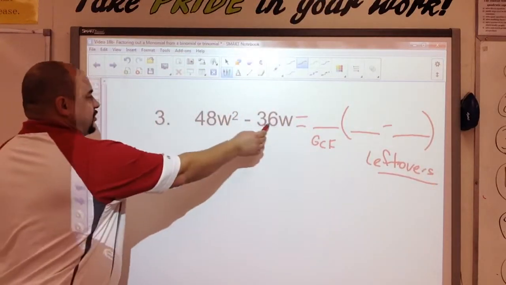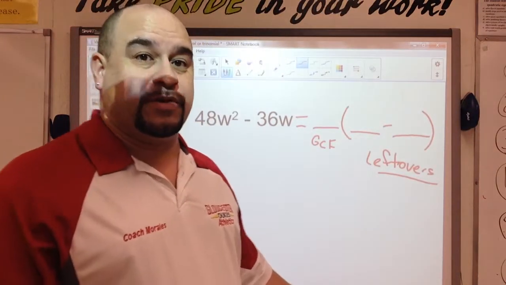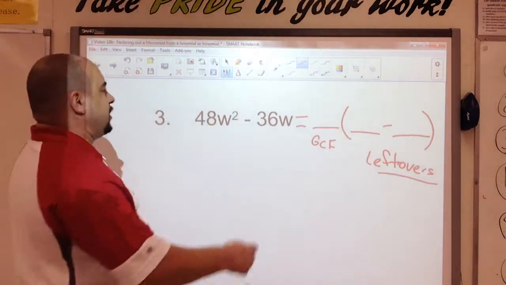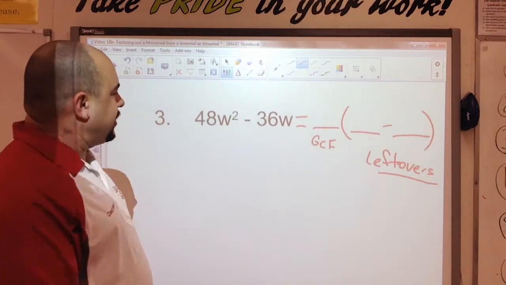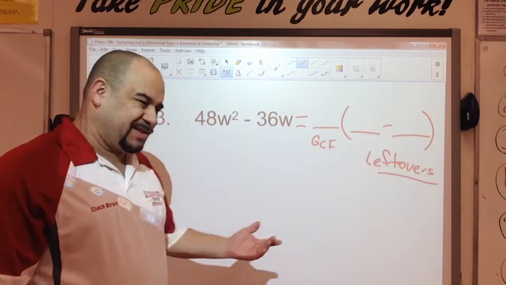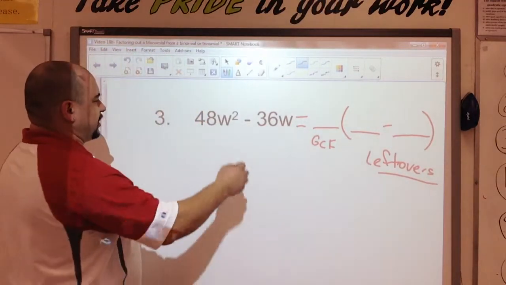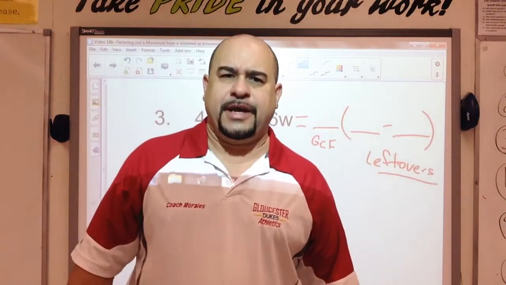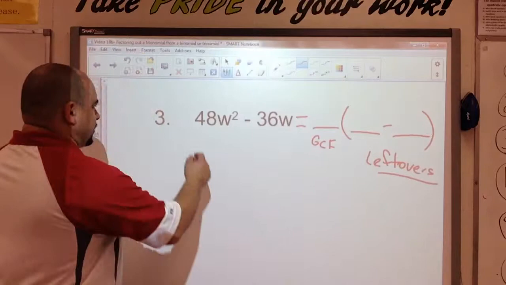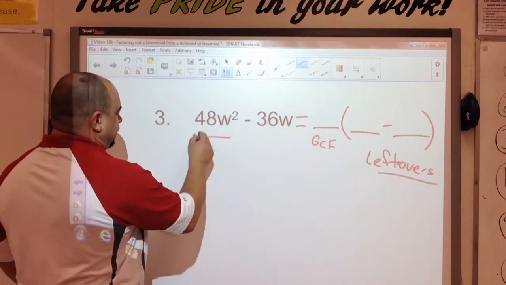So, does 36 go into 48? No, it does not. So what factors of 36 go into 48? For 36, I have 1 and 36, 2 and 18, 6 times 6, 4 times 9, all of those. So I think the 6 goes into 48, isn't that 6 times 8? Yeah, I think it is. So for 48, we're going to use 6. So let's start with 48.